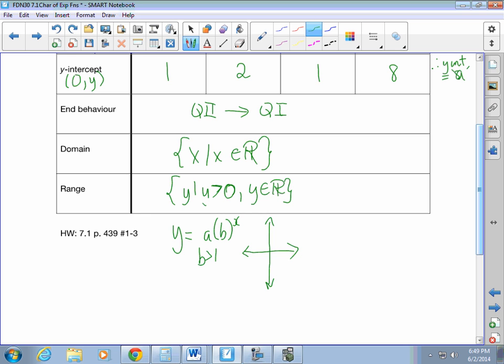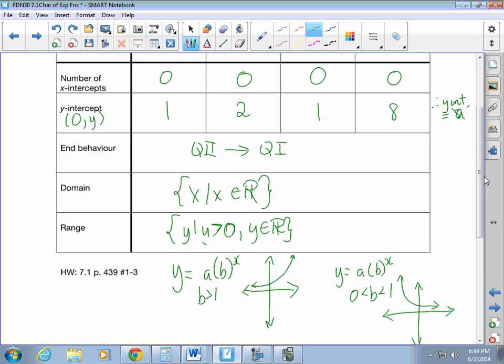Our graph started low in quadrant 2 and went up in quadrant 1. When we had a fraction, so when our b value was in between 0 and 1, our graph went in this direction. It started high in quadrant 2 and went closer and closer and closer to 0 in quadrant 1. Sorry, I keep wanting to say quadrant 3. So you have your questions to work on for this section.